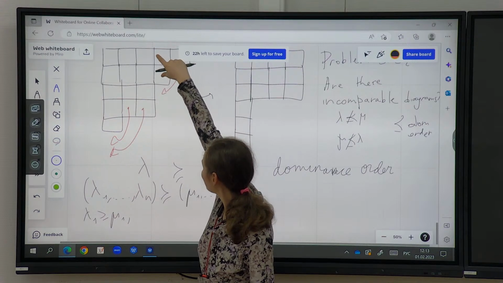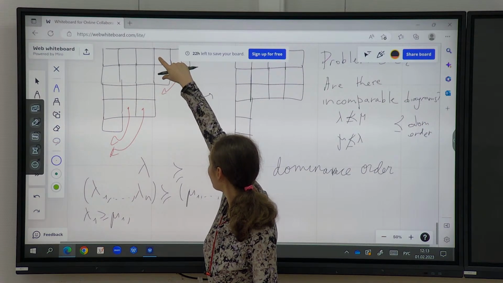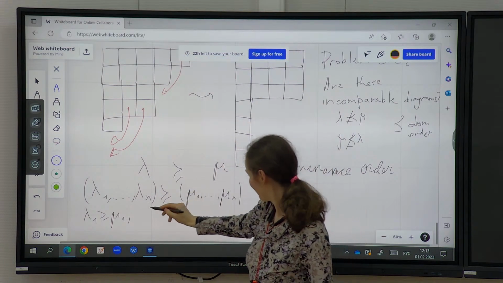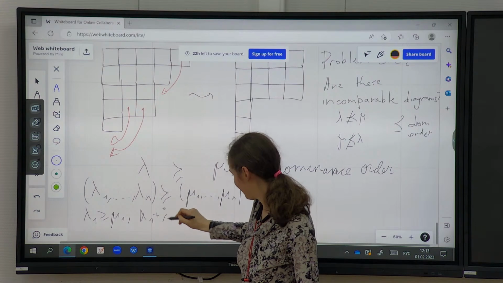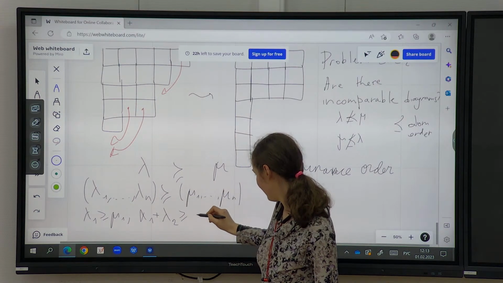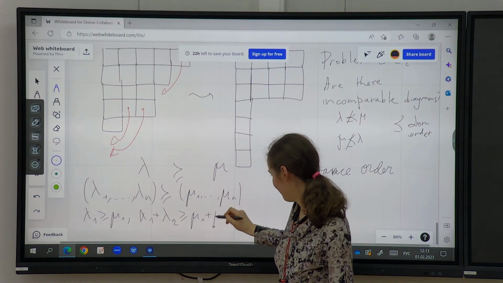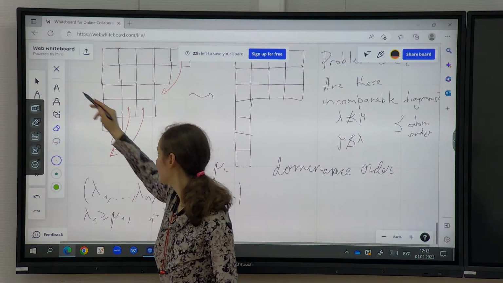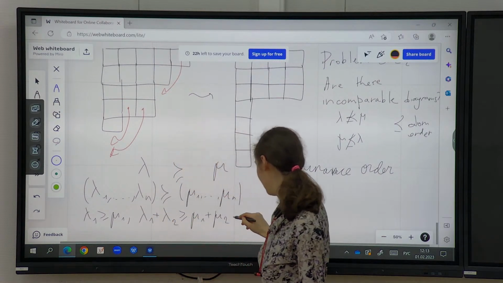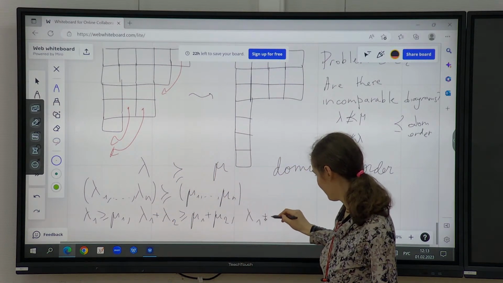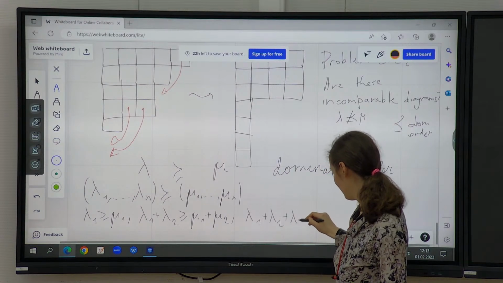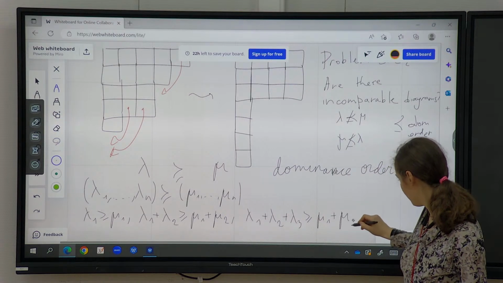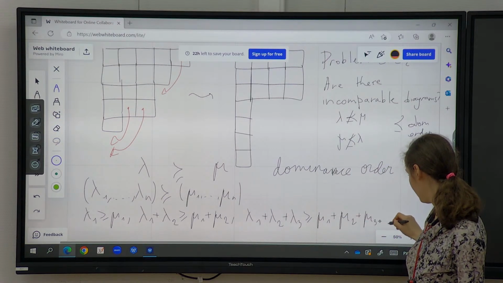Also, in the first two rows we have more or equal boxes than in the first two rows of mu: lambda 1 plus lambda 2 is greater or equal than mu 1 plus mu 2. And so on: lambda 1 plus lambda 2 plus lambda 3 is greater or equal than mu 1 plus mu 2 plus mu 3.